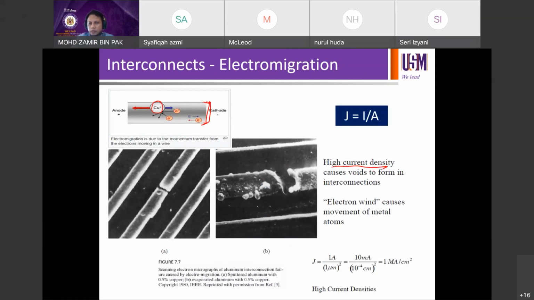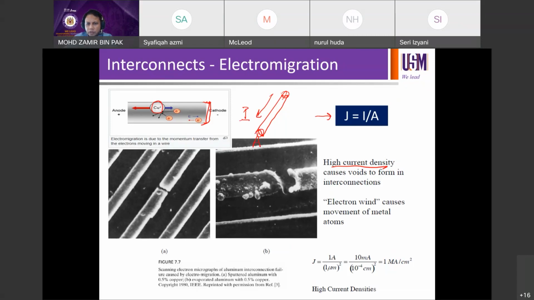High current density. So you have a very small interconnect, a small wire that carries current over a unit area. If we talk about the current density J, that will be equal to I over A, right? A is the cross section of the wire, so it depends on the size of the interconnect.